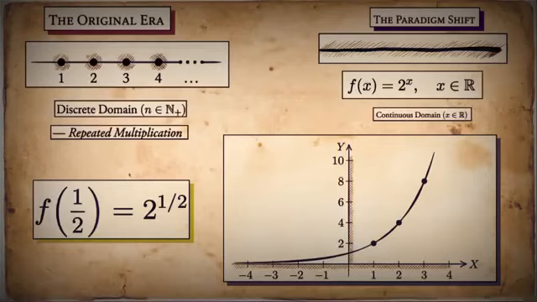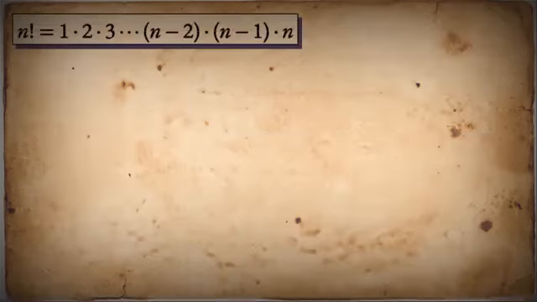No jumps, no breaks, no strange behavior. The graph of 2 to the x is a single flowing curve that passes through every integer value correctly and interpolates smoothly between them. This smoothness is not an accident. It is a consequence of the algebraic properties that motivated the extension in the first place. We will want this same property when we extend factorial.